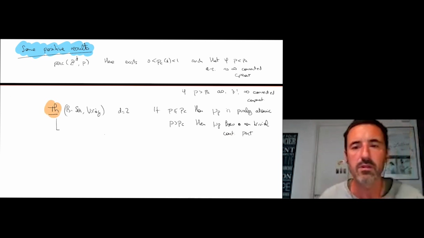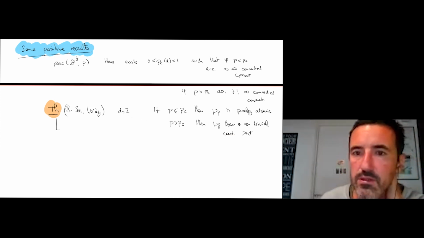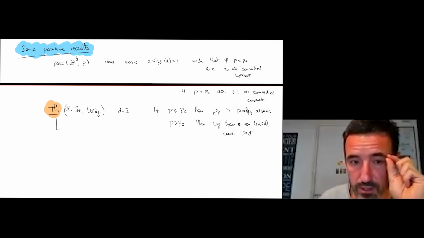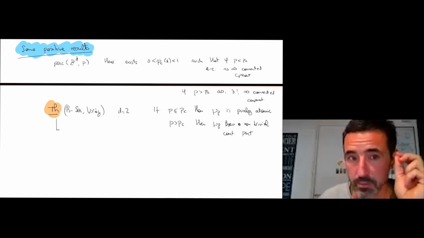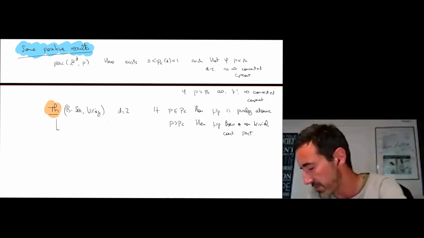So this theorem solves the question of average quantum percolation in dimension 2. And it says that the threshold for average quantum percolation coincides with the threshold for classical percolation.